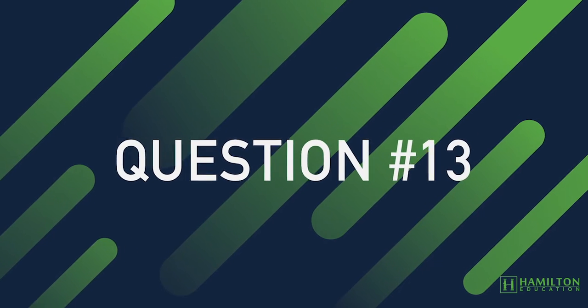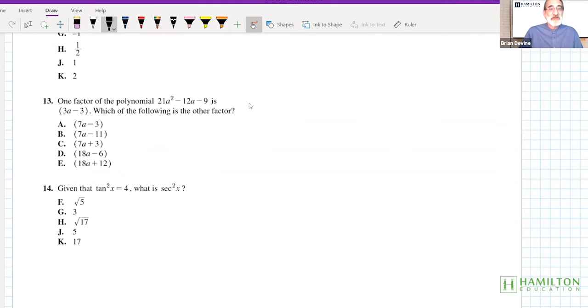Question 13. One factor of the polynomial 21a squared minus 12a minus 9 is 3a minus 3. Which of the following is the other factor? Well, I'm looking at this thing here, and I see that I can take a 3 from both terms.